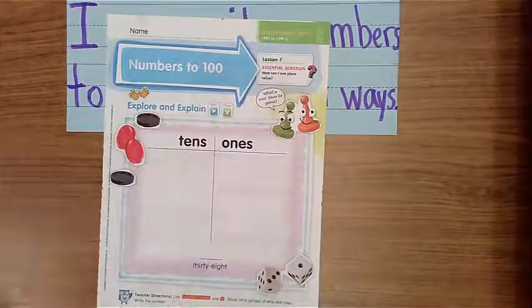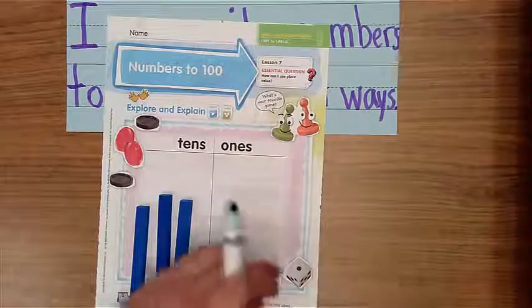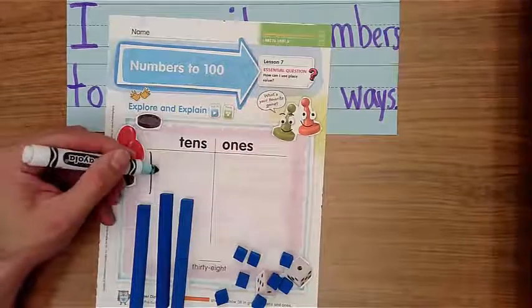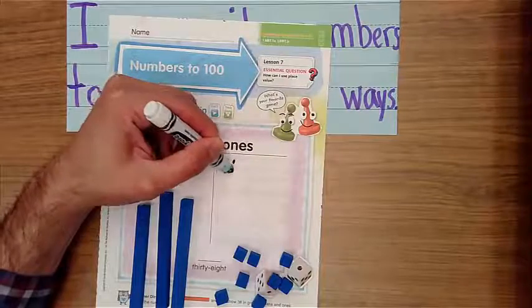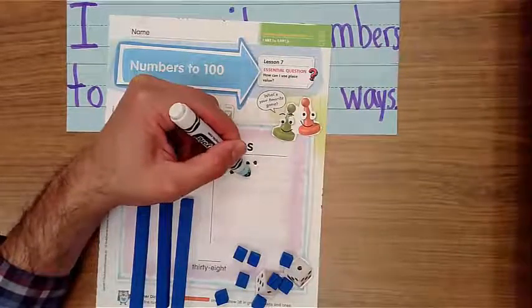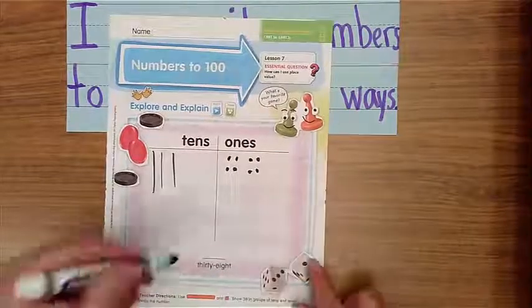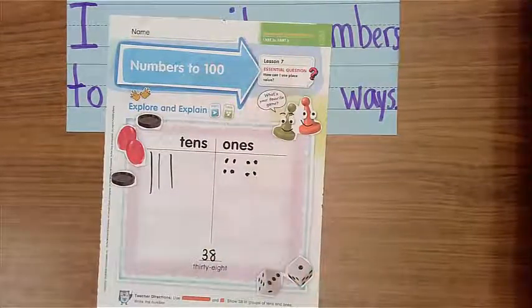I'm going to say those 3 10 sticks and 8 ones. I could draw it just like this. I could say 1, 2, 3 10 sticks and 8 ones makes 38. Very good, 38. All right, let's turn.